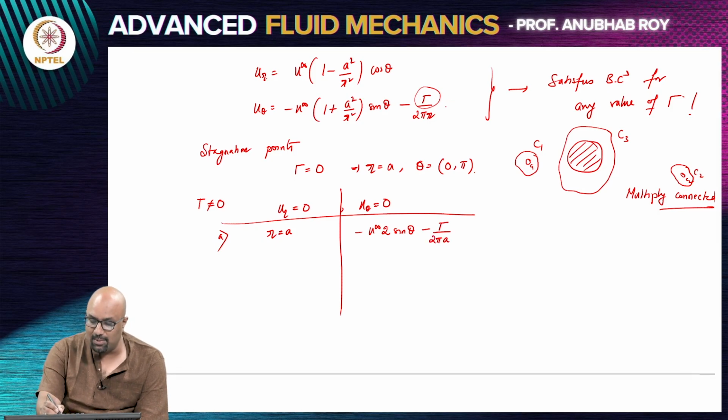Now, we are choosing gamma here to have a particular sign. So, we are saying that this is the circulation is negative. So, here if I just fix the value of, this is basically the strength of the point vortex.